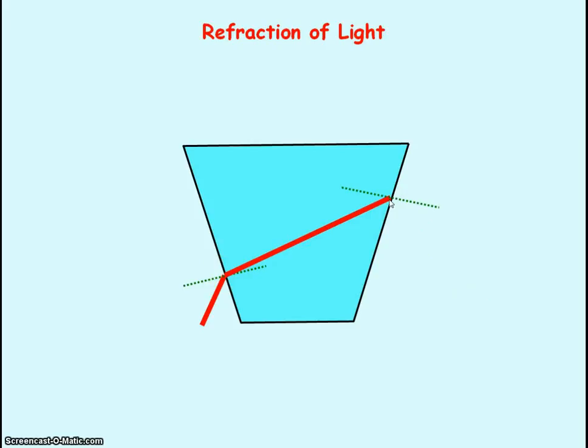Now, if there was no change in medium, the light ray would travel straight through, but because it's now going into air, which is a less dense medium, the speed of the light wave will increase, and so if wave speed increases, the ray is refracted away from the normal, so we would draw a refracted ray in that direction.